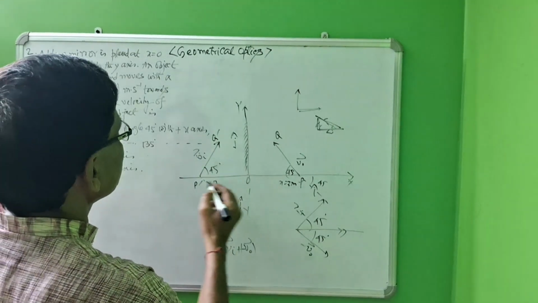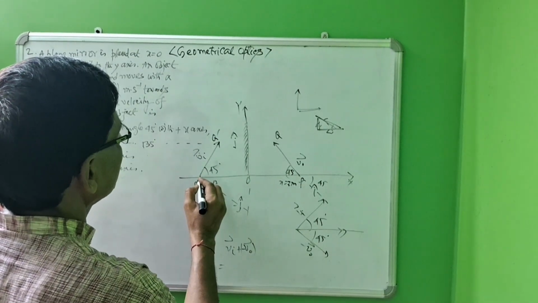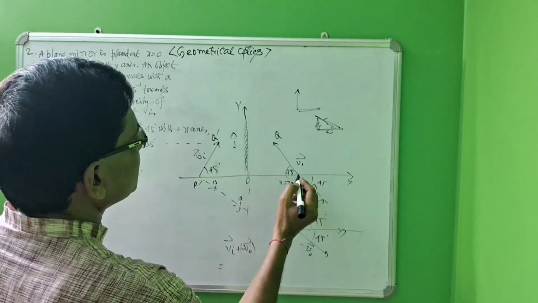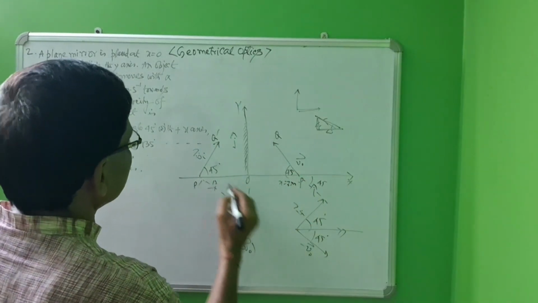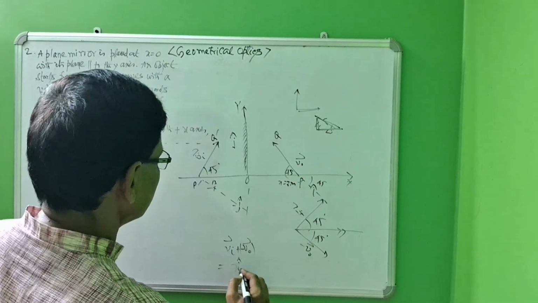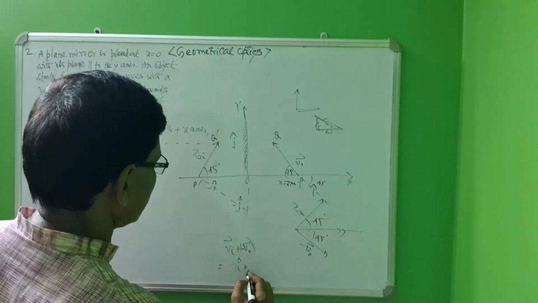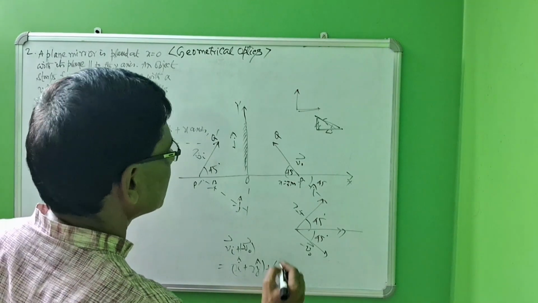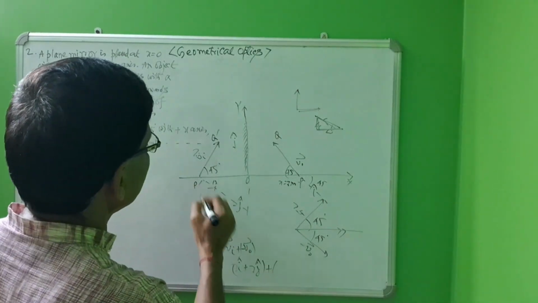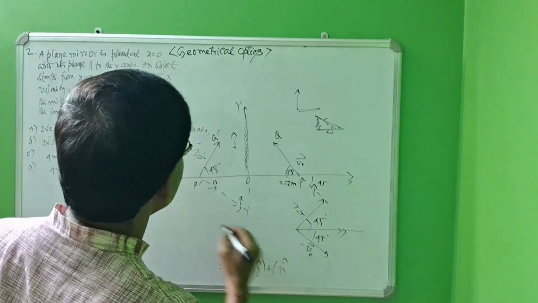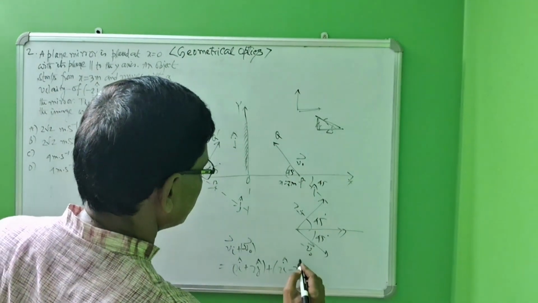Vi is twice i plus twice j, plus what is this velocity? This is twice i minus twice j.